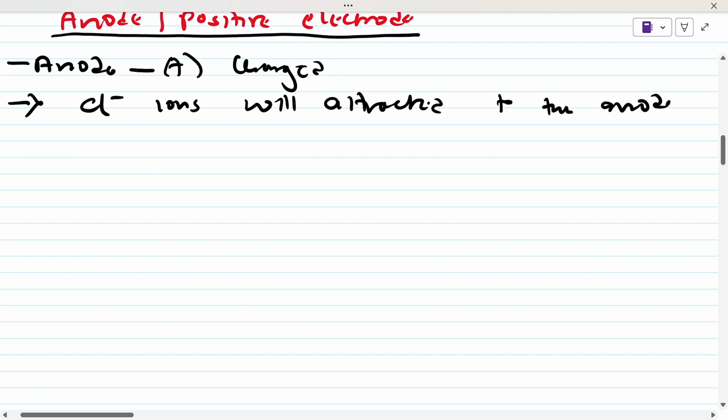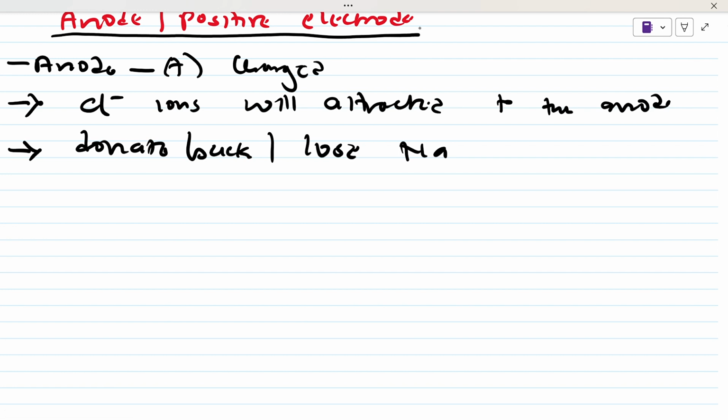So when the chloride ions are attracted to the anode, what will happen to the chloride ions? The chloride ions will donate back or lose the electrons they got from sodium when we are forming the sodium chloride compound. So what is the reaction?